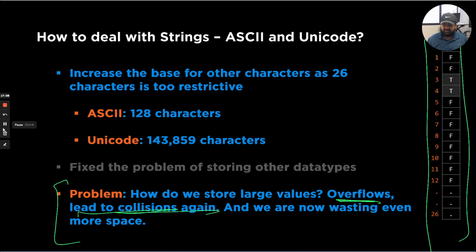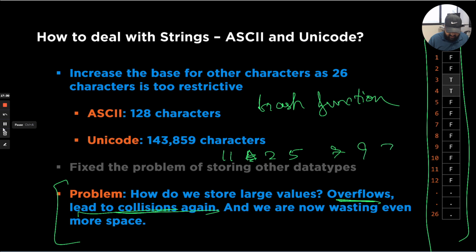But the issue is we are wasting a lot more space, and we also have collisions, not because the hash function gives us similar values, but because if we have a very long string of digits, like 112579, and we were to store the output of our hash function into an integer, this will not work, because the range of integers in most languages is roughly 2 billion.